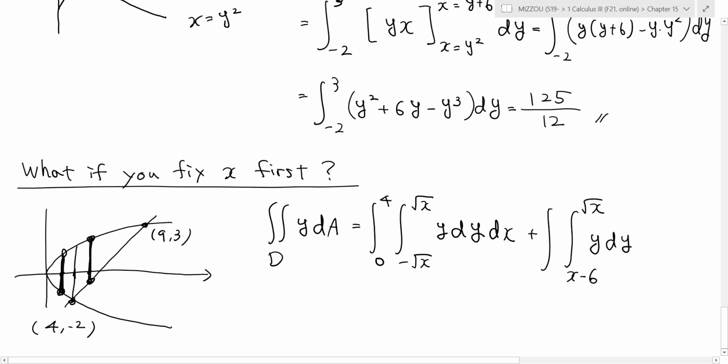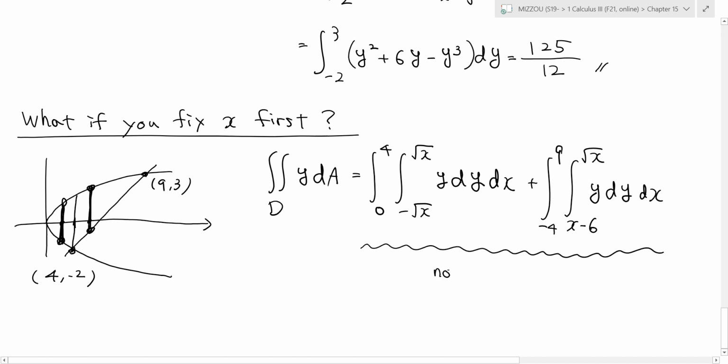And then you integrate with x from 4 to 9. In principle, you can just carry out this integral, but it's not a good idea. But in principle, you could do this.